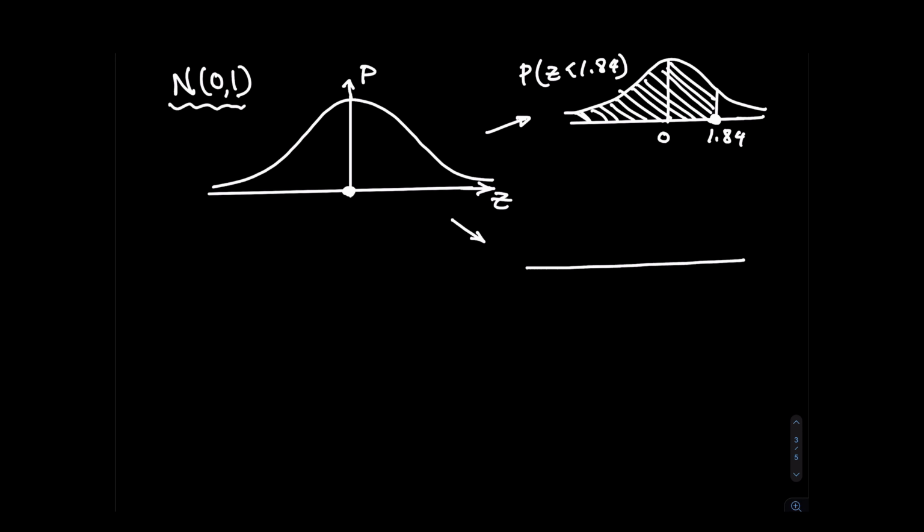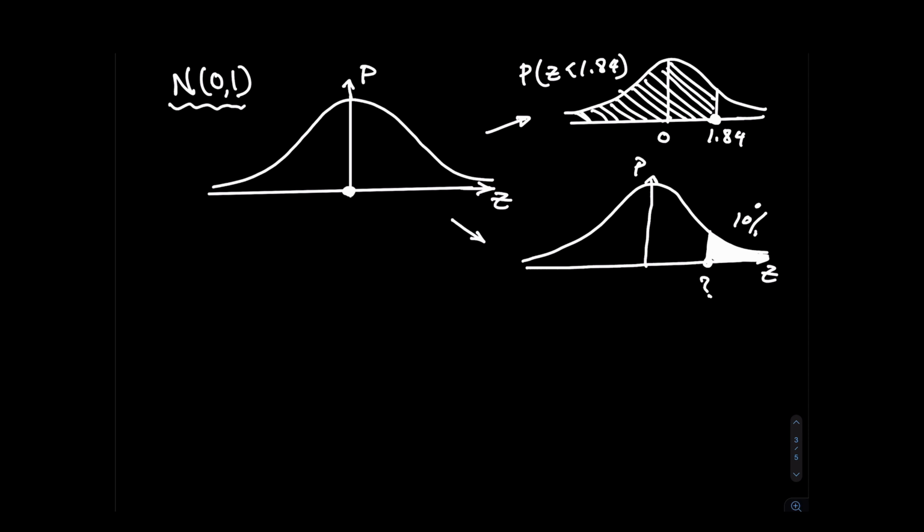The second question I could ask you, which is the reverse problem, is that I could give you a standard normal distribution again. Again, that's the z-axis, that's the p-axis. And this time, instead of giving you a z-score here, I'm going to say, well, I don't know what that z-score is, but I know that the area above it is 10%. What is that z-score? This is the inverse problem in the standard normal distribution.